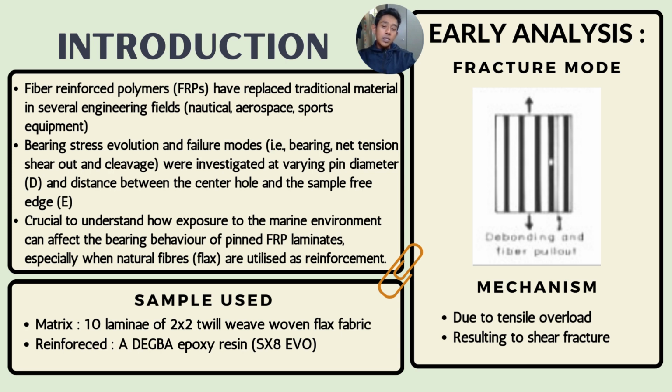As the sample used is fiber reinforced polymer, we can say that the fracture is going to be from the composite material. There are a few modes for the composite material, and in my opinion, as an early analysis, the material will have bonding and the fiber will pull out. The mechanism is due to tensile overload, which results in shear fracture.